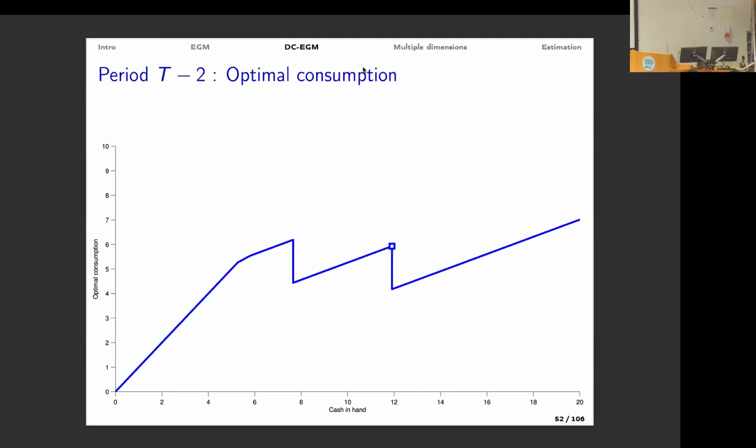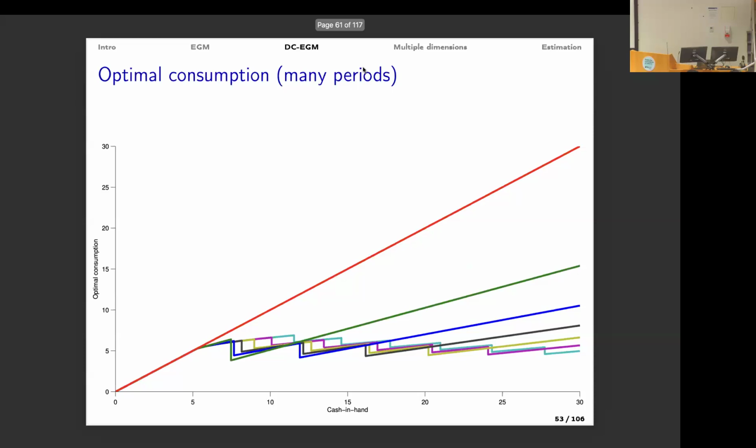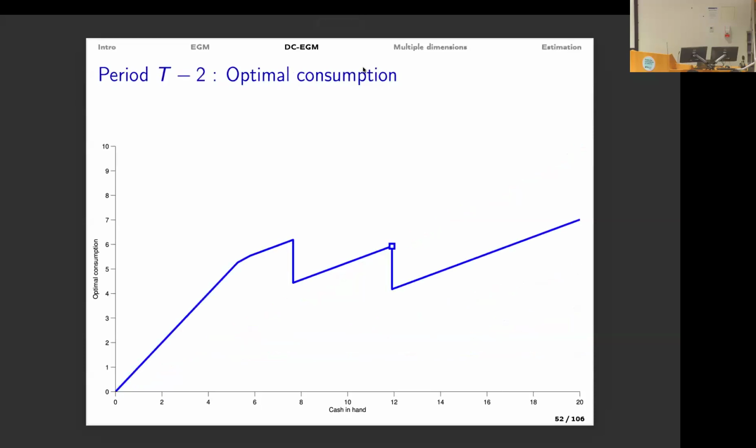Now, this is just the point from which this agent, acting optimally, will find themselves exactly at the kink in the next time period. So this is the point where you have to already adjust the consumption, on either side, because of the kink in the next time period.